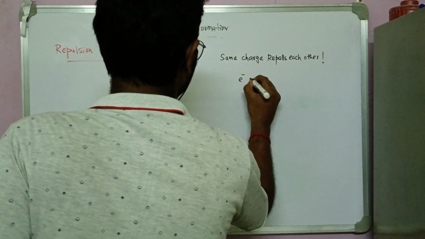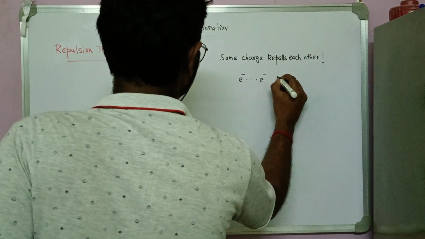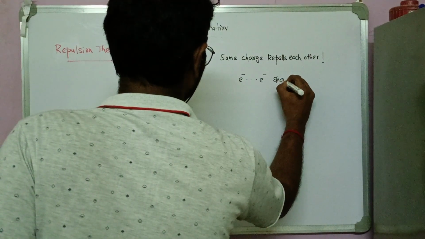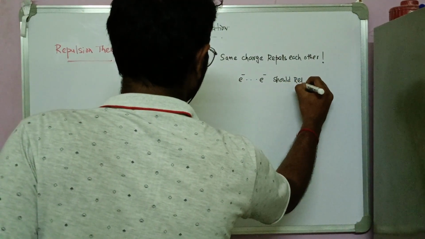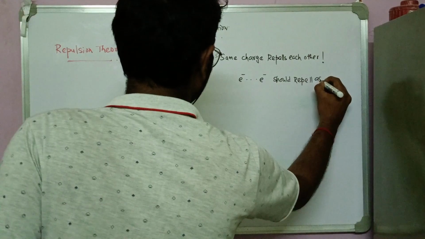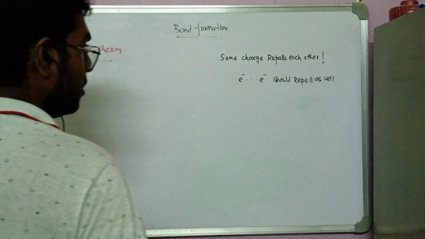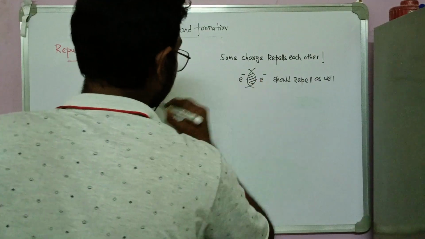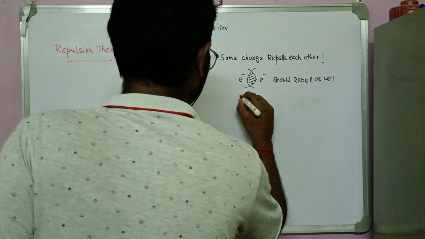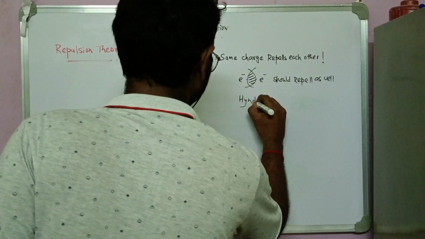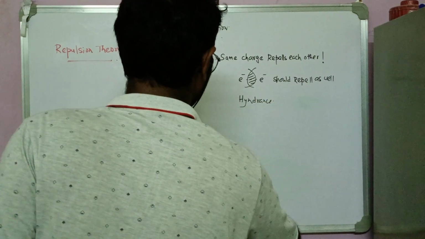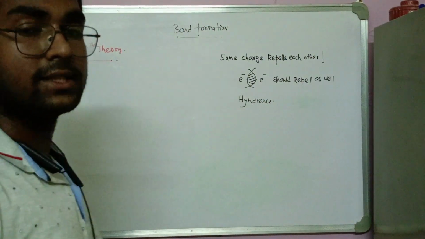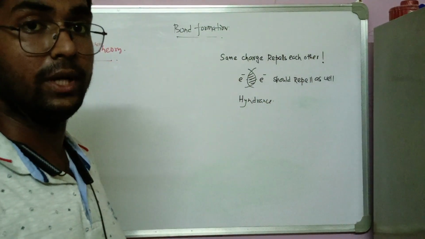So according to this concept, an electron and electron should repel as well, right? So there should be a hindrance. This is a symbol showing hindrance. And if a system is undergoing such kind of hindrance, then the system will be destabilized.